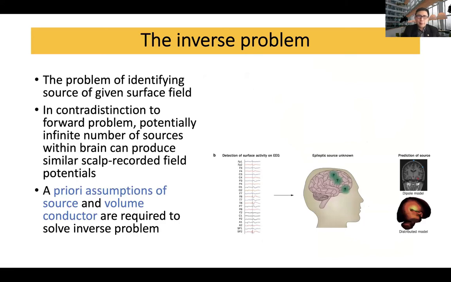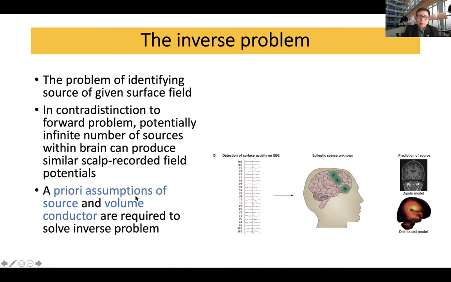The inverse problem, identifying the source of a given surface field, is in contradistinction to the forward problem. A potentially infinite number of sources within the brain can produce a similar scalp-recorded field potential.